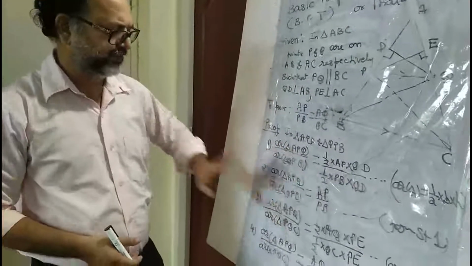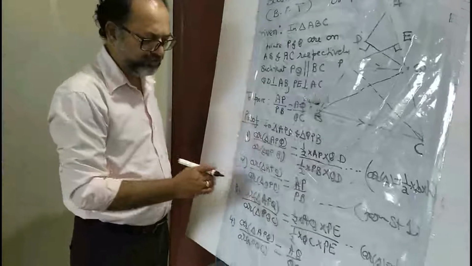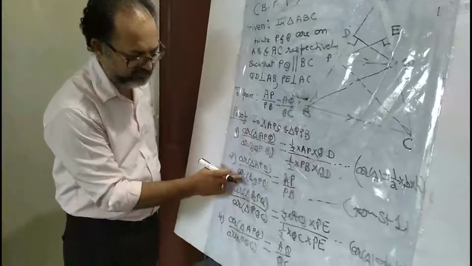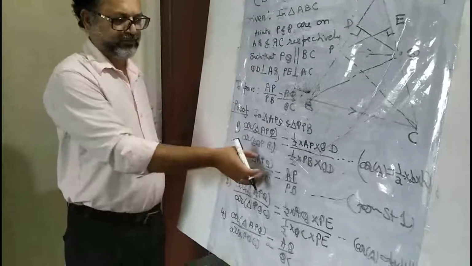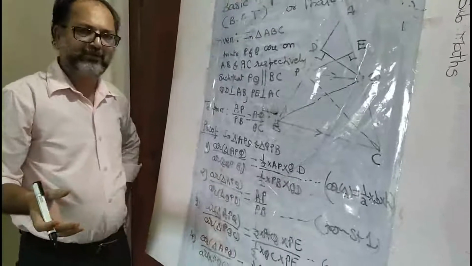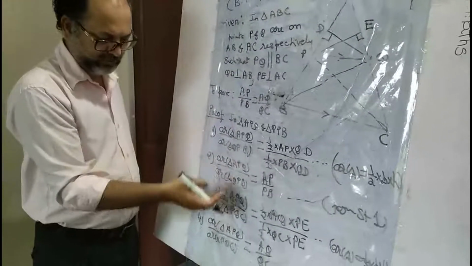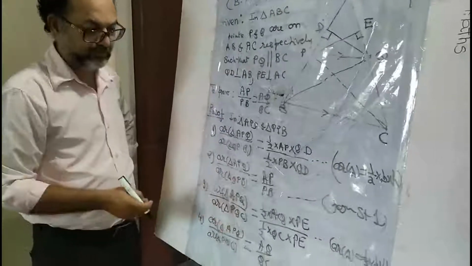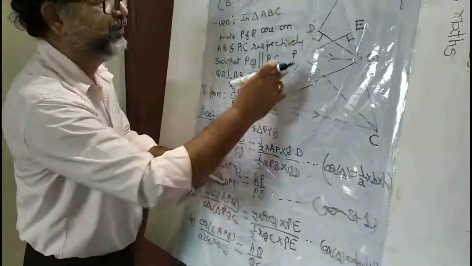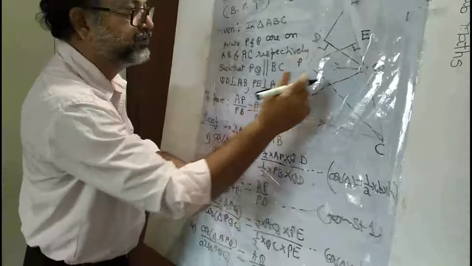APQ. Numerator is the same. So if we can show that the denominators are also the same, then both will become equal. Left hand side will be equal. Now how to show that these denominators are equal? What is this denominator? QPB, this triangle.